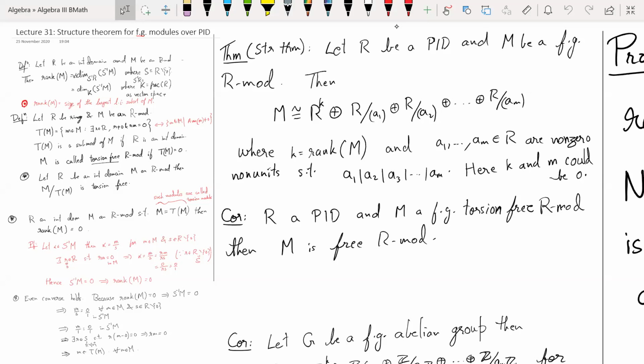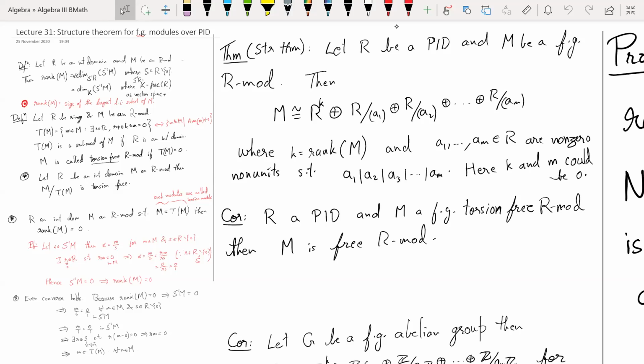Is the statement of the structure theorem clear? It's a very important theorem because, as we'll see, it is used to give a more reasonable proof of the existence of rational canonical form and Jordan form of a matrix.